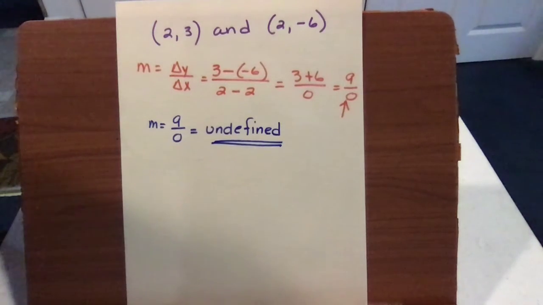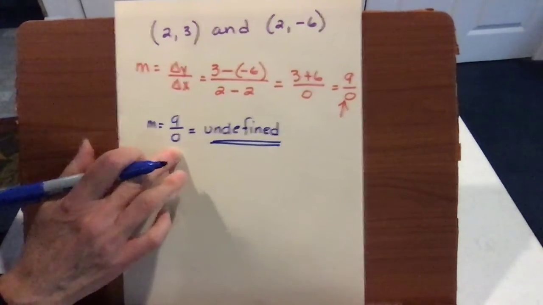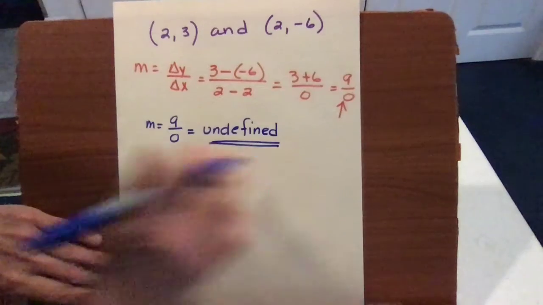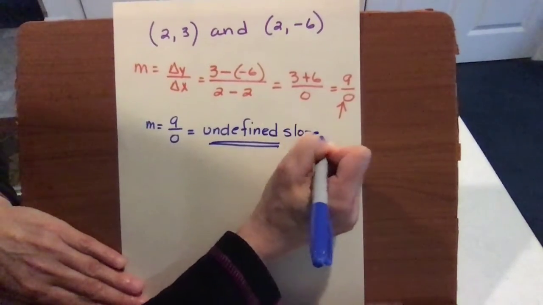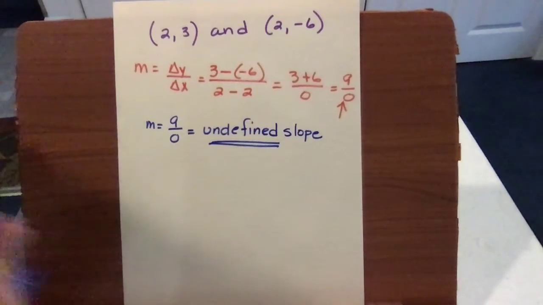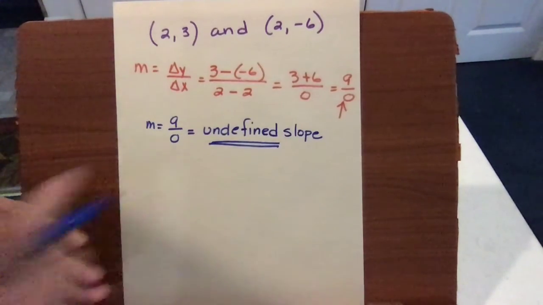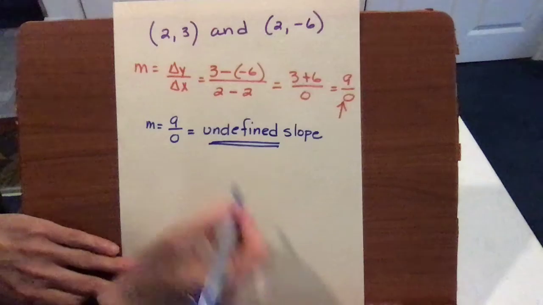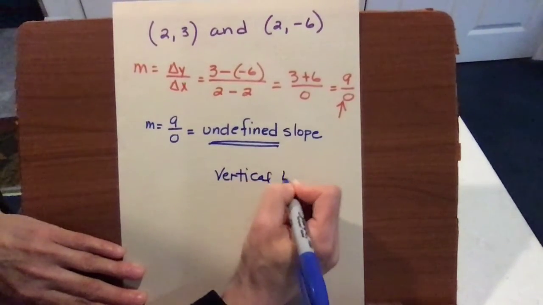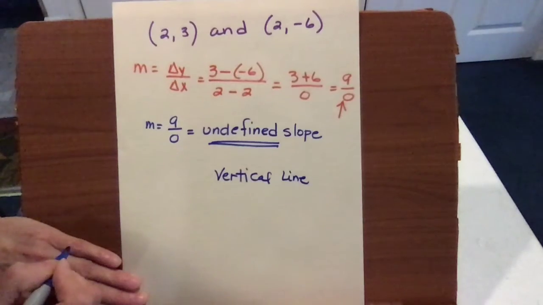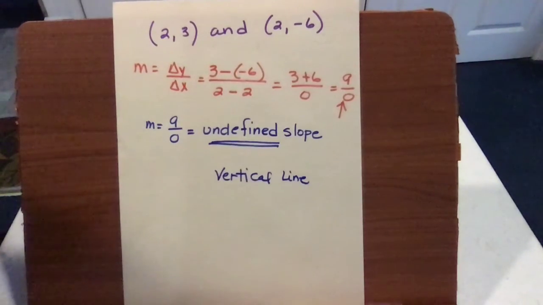For any slope that has a 0 in the denominator, it's an undefined slope. If you want to write the word slope after it so it makes more sense, that's fine also. This line is vertical. So this slope is telling us that we have a vertical line.